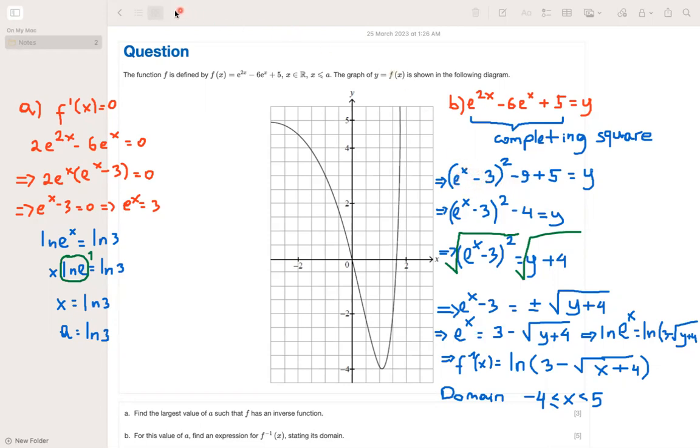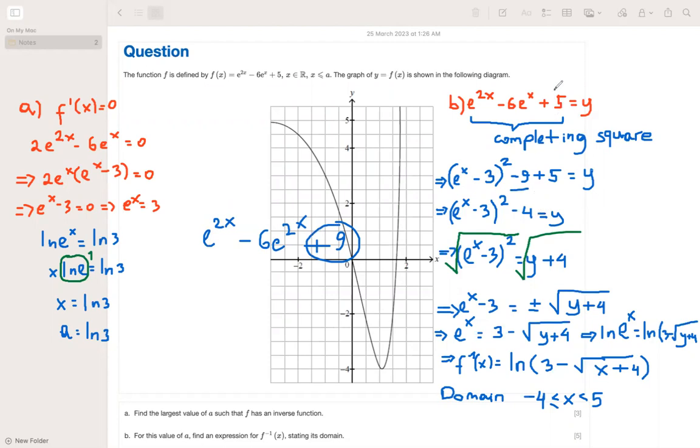Why? Because if I try to expand this, I'm going to get e power of 2x minus 2 times e power of x times 3, which gives me 6 e power of x, plus 9. But plus 9 is something extra, and I need to get rid of it. For that reason, I put negative 9 here.